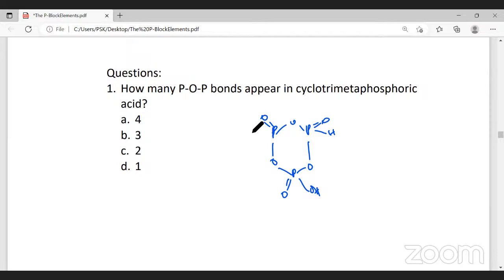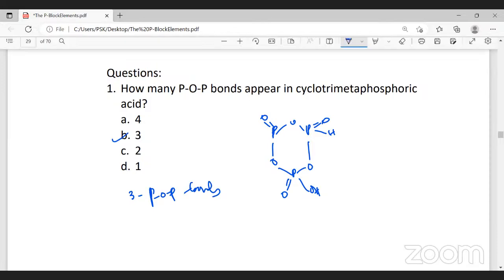So the number of P-O-P bonds is P-O-P 1, this is P-O-P 2, and this is P-O-P 3. Totally, it has 3 P-O-P bonds. Answer is option B.